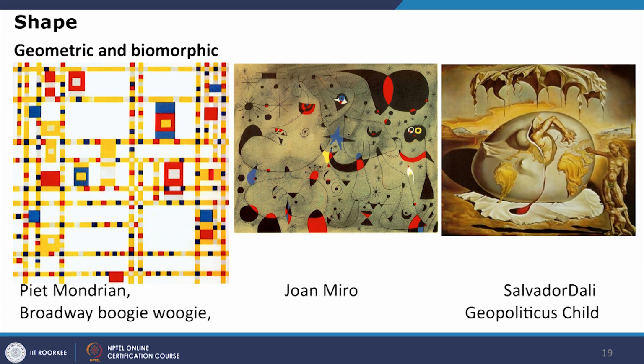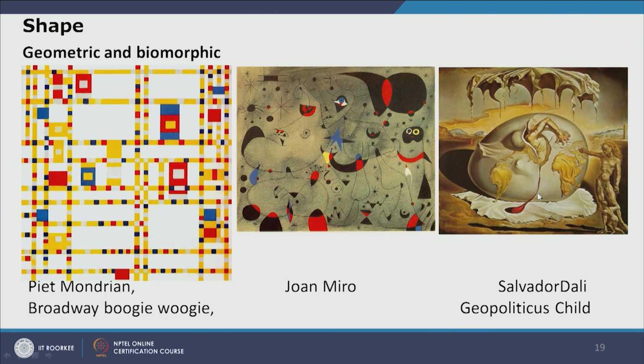So Miro's example has biomorphic as well as geometric shapes, Salvador Dali's painting has a lot of biomorphic shapes, but on the other hand Piet Mondrian's design is absolutely geometric. So shape can be either geometric or biomorphic.